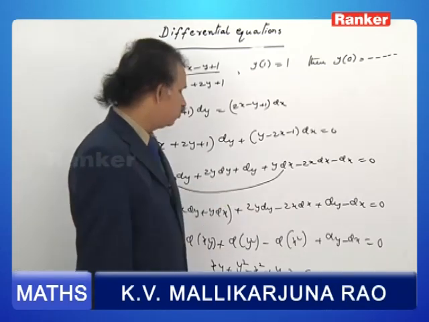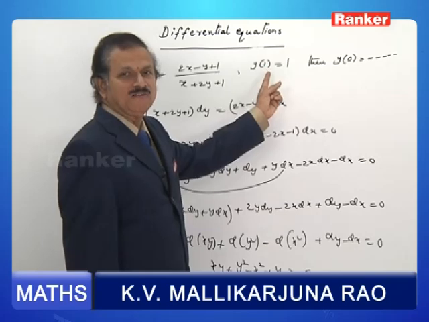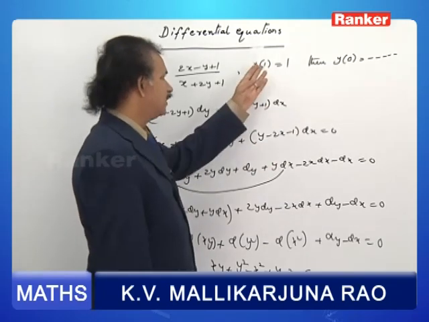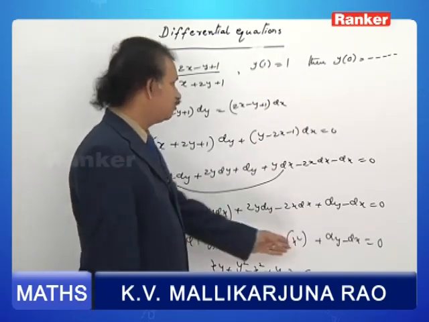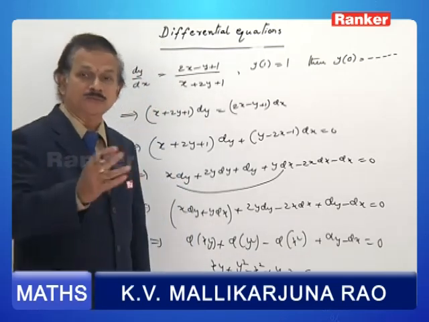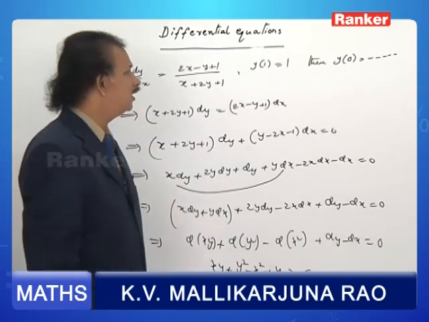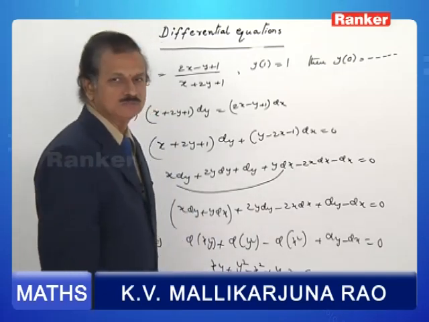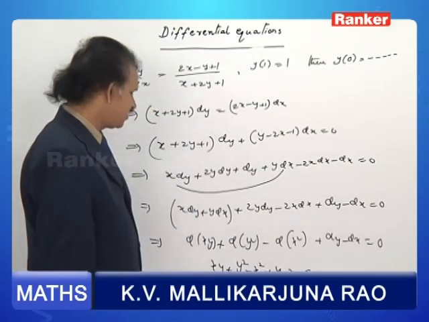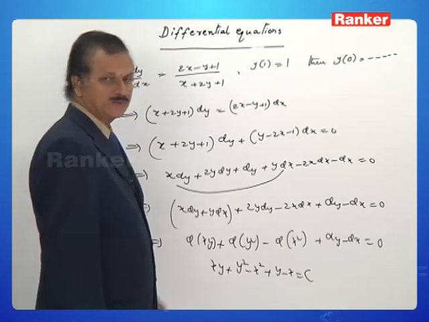What is that? Number one, you have to use y of 1 is equal to 1, and by making use of this you will be able to have c, and using the value of that c we get y at 0, isn't it? We get y at 0.